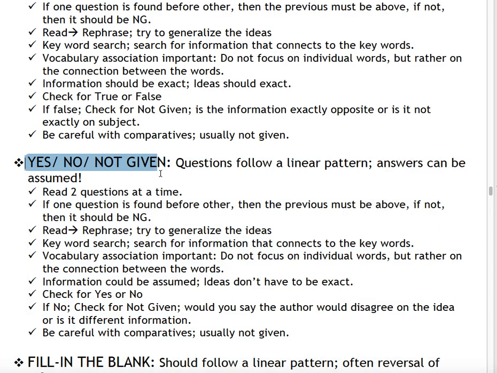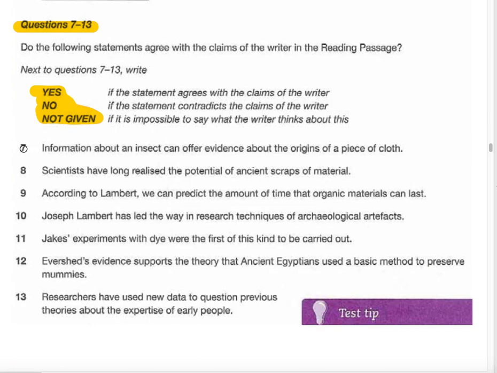A little bit different here. It says questions follow a linear pattern. That means they are in order in the text. So question 7, for example, should be first somewhere in the text, and that's your first guiding point.